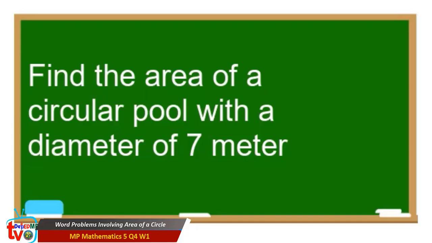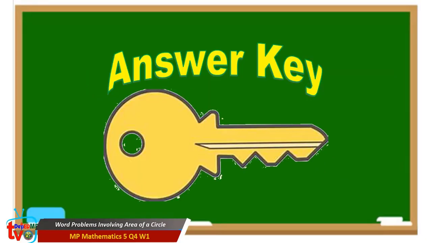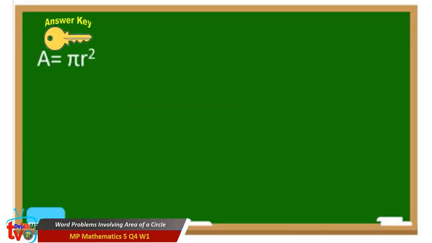Problem: find the area of a circular pool with a diameter of 7 meters. Let us check your answers.